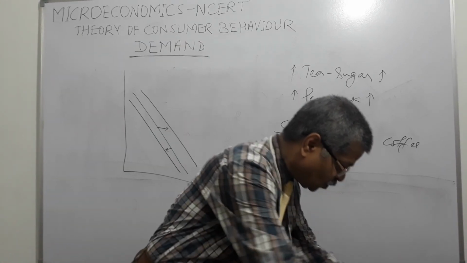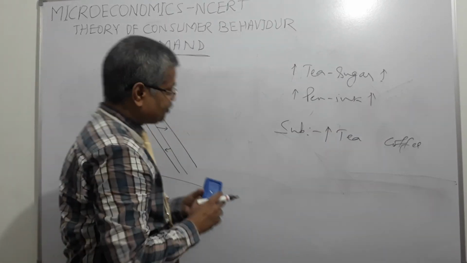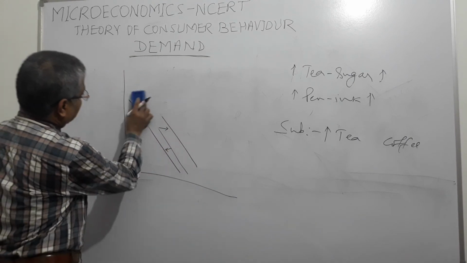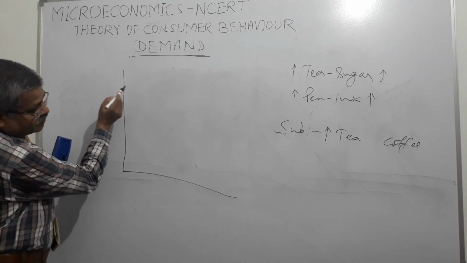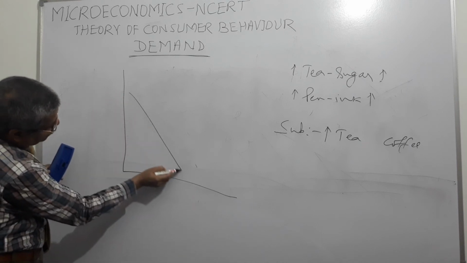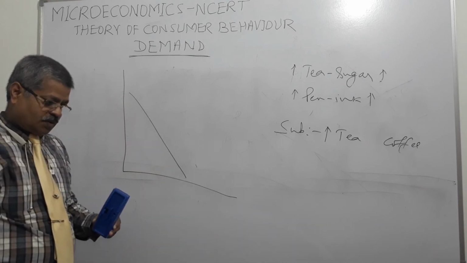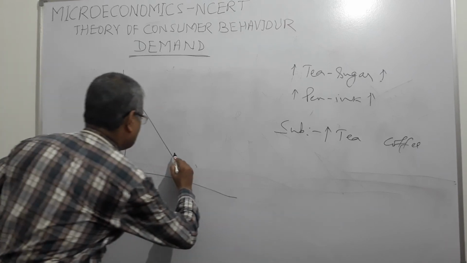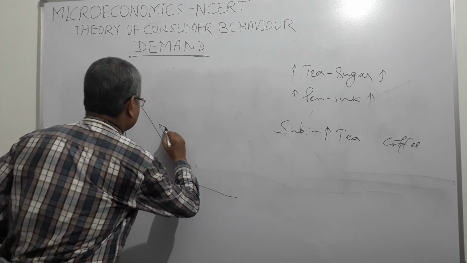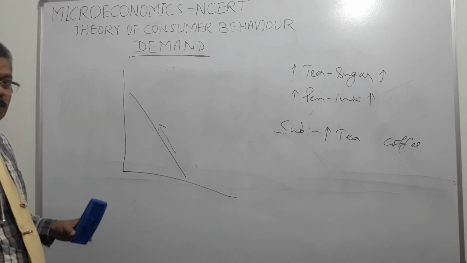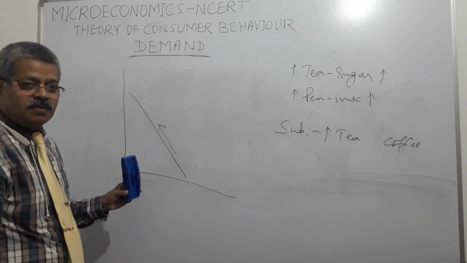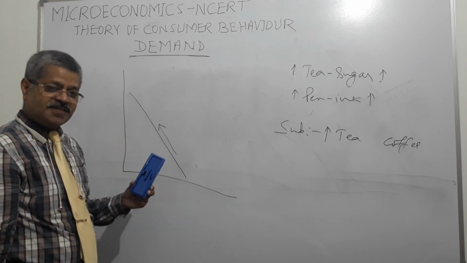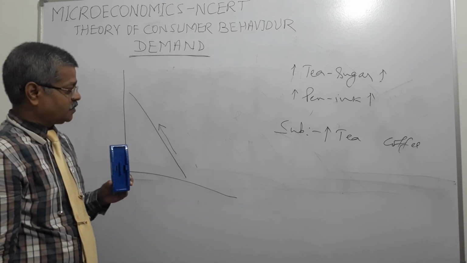Then movement along the demand curve and shift in the demand curve, right? See, this is the demand curve. So if the price goes up, there is a movement along the demand curve only in relation to the change in the price.